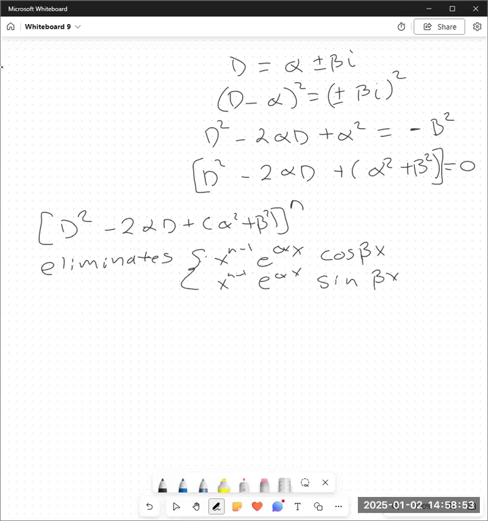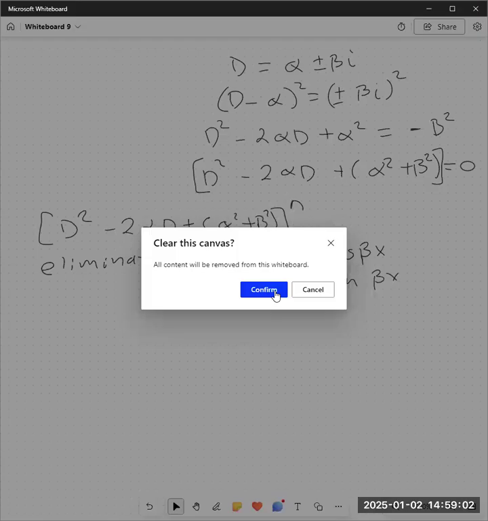Since both of those pieces come from the same factor, this will eliminate both of them. We're going to need to use that a little bit here. So that one's less intuitive than the other one, so I'm just going to go ahead and start with that.